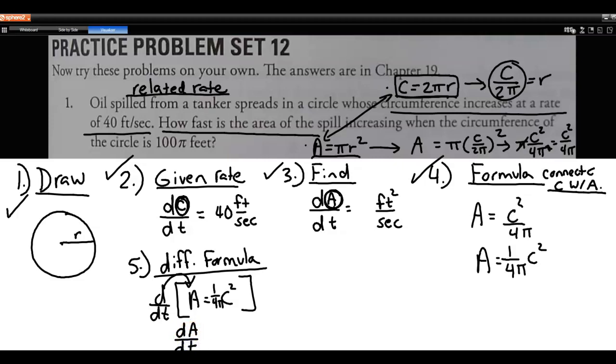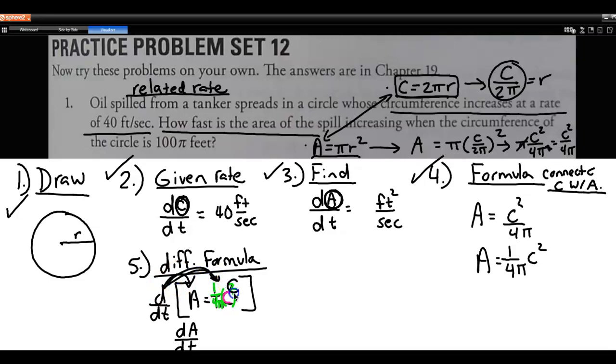And when I take the derivative of this next part, it's going to be kind of like a chain rule. We have 1 over 4 pi times C squared, where C is kind of like an inside piece. So when I take the derivative of this thing, the derivative of the outside is going to be a power rule.